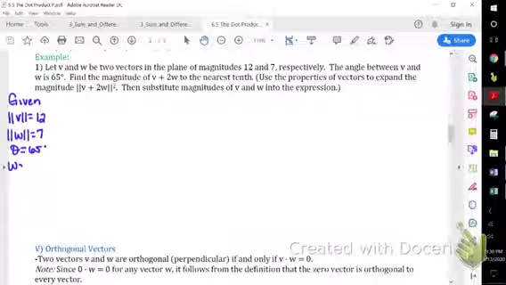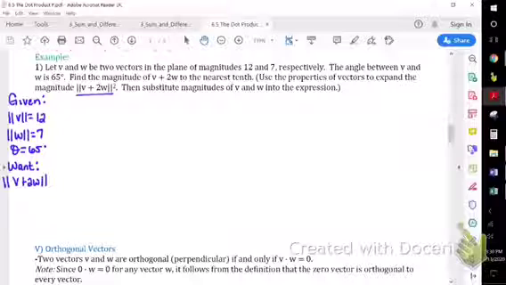And what do we want? We want to find the magnitude of v plus 2w. How are we going to do that? If you look at your properties above, only one of them had something with a magnitude in it, but it had it squared. And that's what they gave us here.